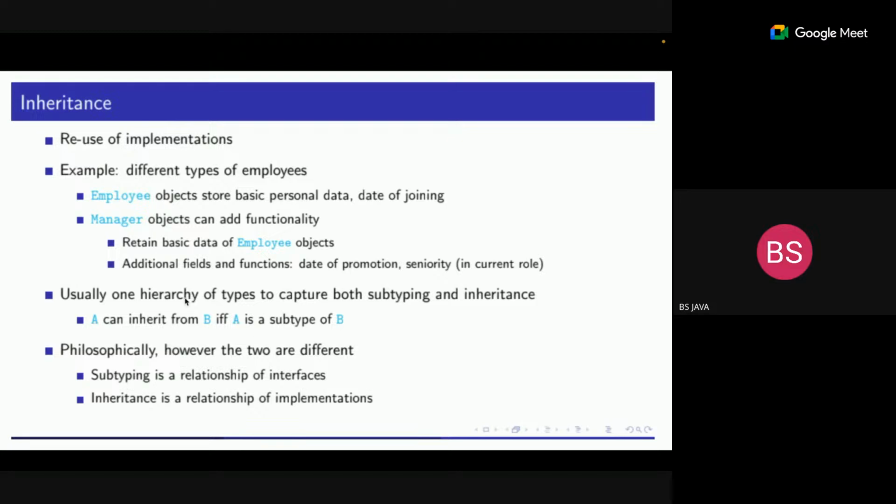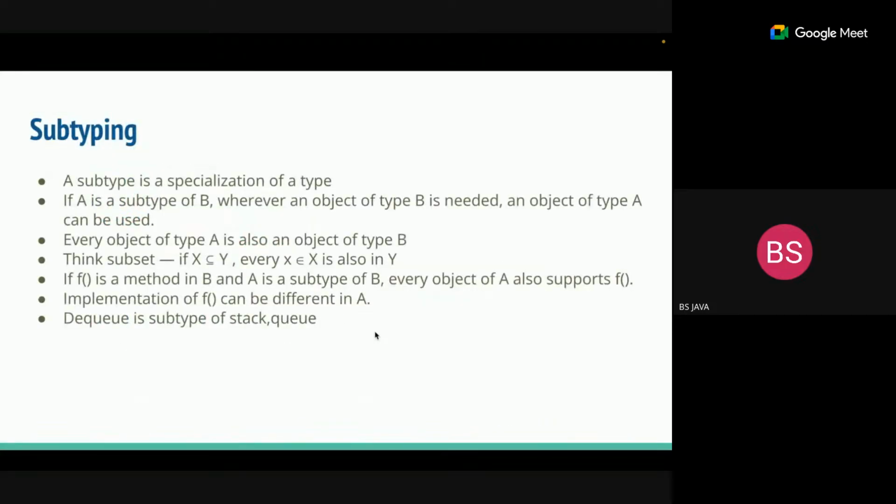Again, here we are talking about subtyping. Subtyping is another feature. We can say subtyping is basically a relationship of interfaces. Subtyping is a kind of specialization of type.